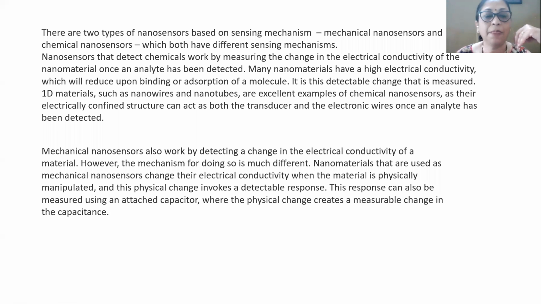This physical change applied to the sensor produces a detectable response, most of the time a change in the resistance, but sometimes it may be a change in the capacitance also. This creates a measurable change, and thus some physical stimulus can be converted into an electrical signal with the help of mechanical nanosensors.